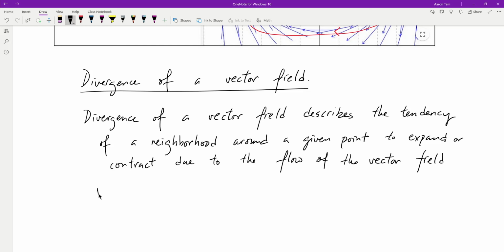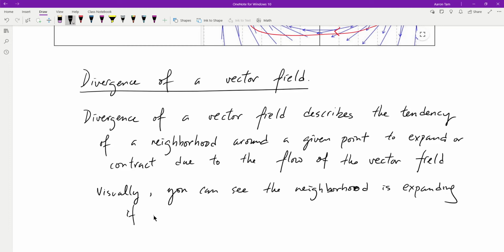So visually, you can see the neighborhood is expanding if flow lines are moving away from each other.